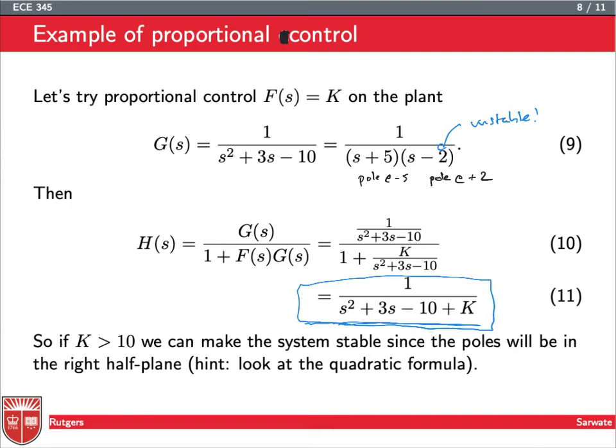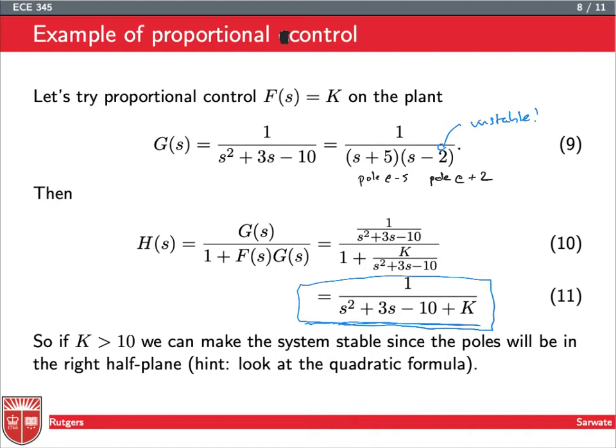As a hint, to see this, you can just look at the quadratic formula and see where you start getting complex roots, for example, with negative real part. As long as the real part is negative, we're in good shape. The system has been stabilized.